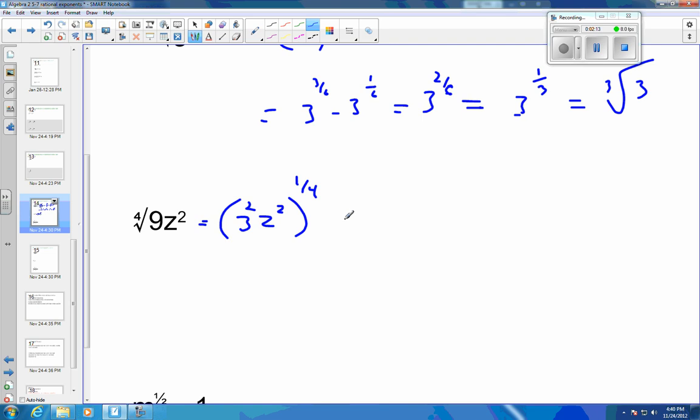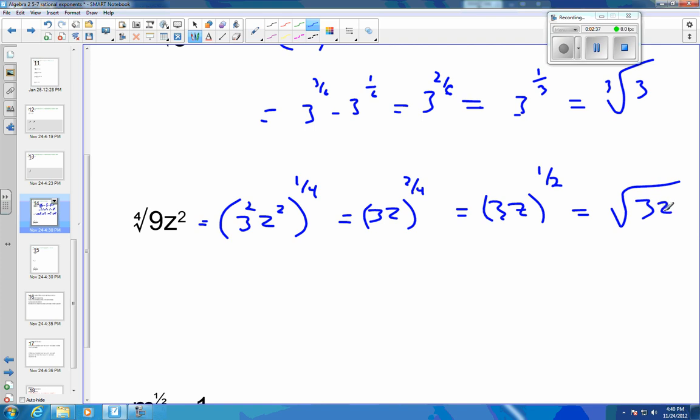And so this would be actually 3z to the 2/4 power, which would be 3z to the 1/2 power when you reduce your fraction. Then I started with it in a radical, so I put it back in a radical. This is the square root of 3z when I reduce it.